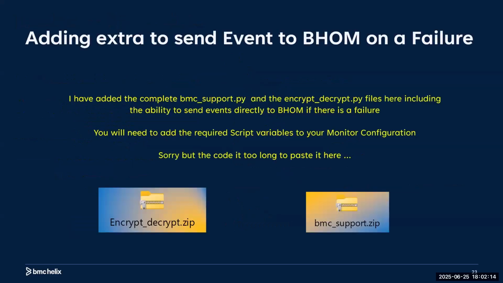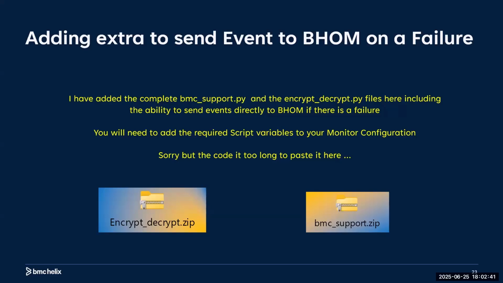And then the last one, and the code was too long for this, I took everything as far as tracing, looking at response codes, user ID, passwords, variables, but I also put a section in there that might be looking for a particular piece of text. I'm basically making a straight API call and sending an event directly to BHOM.